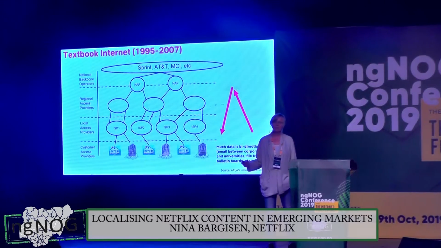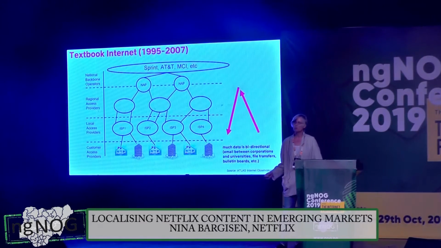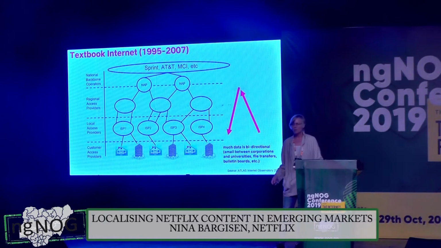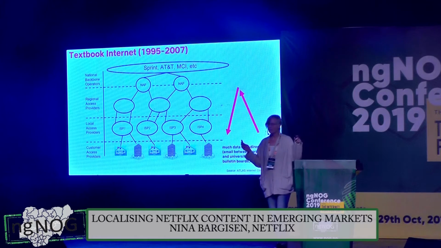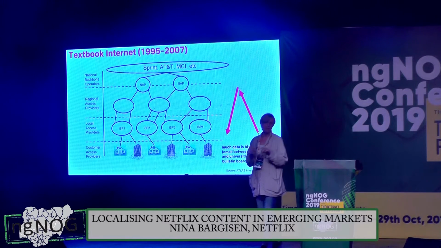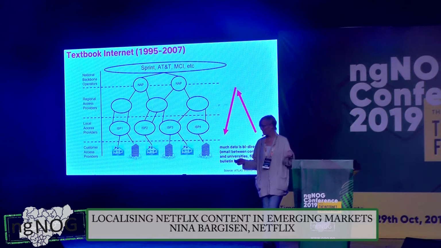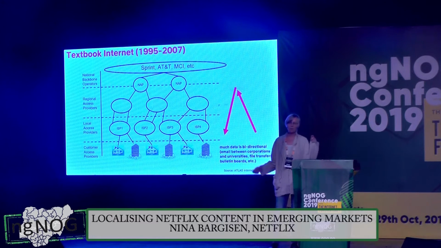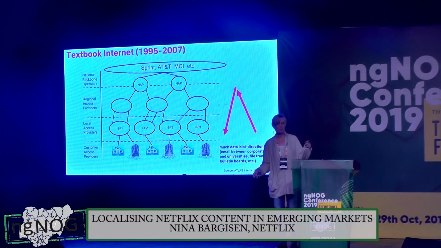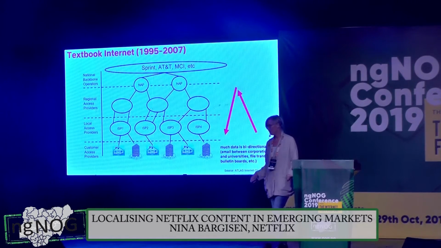As other people today mentioned on the stage, in the old days, the internet was some global providers, some regional providers, and then the ISPs were selling internet access on the bottom. And then the data would be flowing bi-directionally, but it would flow up to the tier 1s and down again to the ISPs.